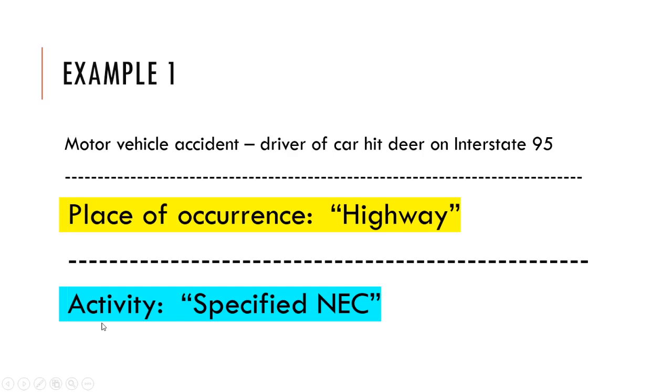Let's say the activity was driving. Well, driving is not listed under activity, so we're going to go with specified, not elsewhere classified. Again, the driver of the car was driving. The deer ran out and hit him. So that's specified NEC because it was driving. How would you code that?